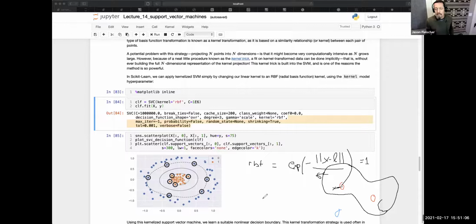Okay. And if our data point was way over here, it would be far, far away. This distance would be a large number, and the exponential of a large negative number is close to 0. So this has a similarity of 0.